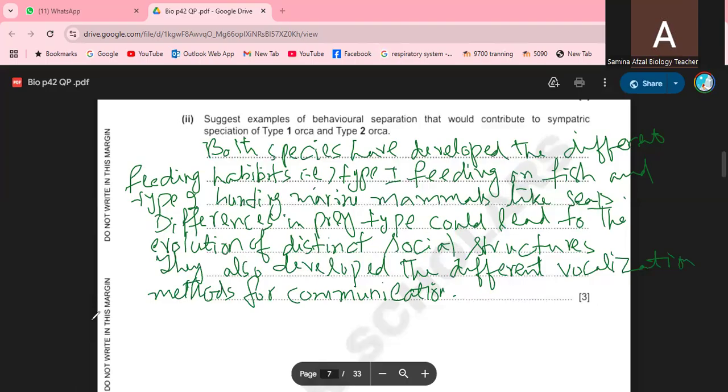So by applying all these factors, the type 1 and type 2 orcas can become reproductively isolated.